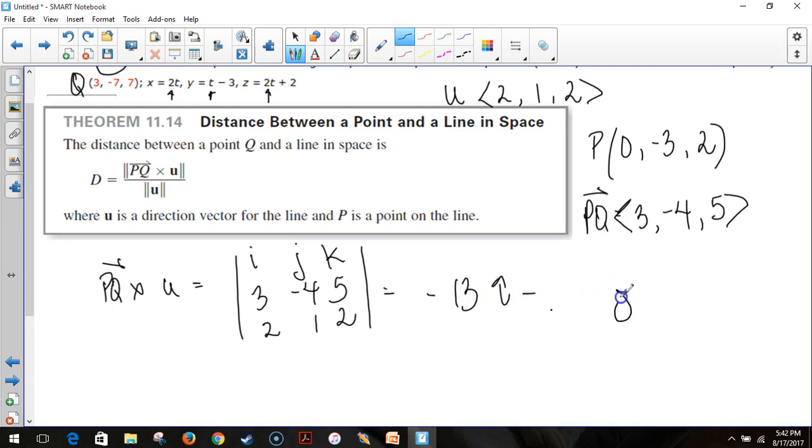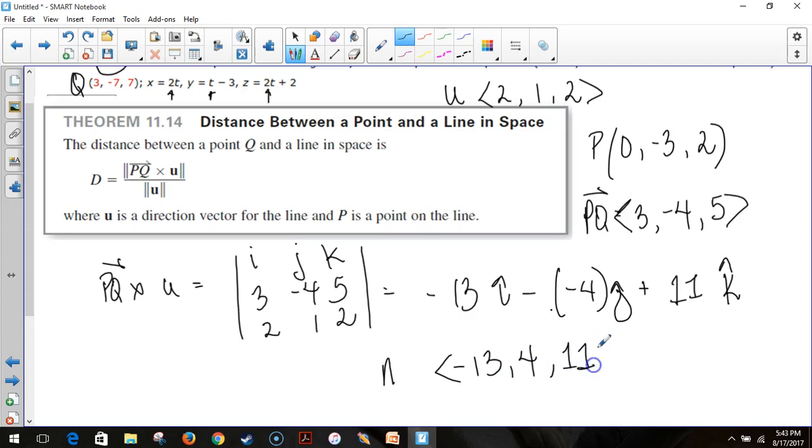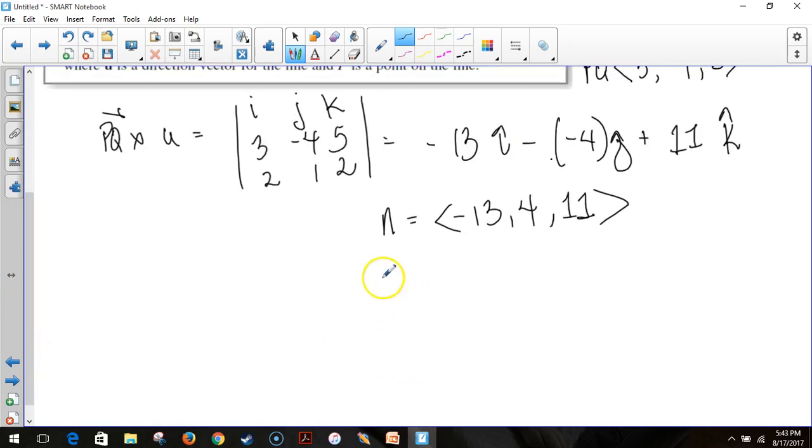I'm going to negate the coefficient of the J, which would be 6 minus a 10. 6 minus 10 is a -4. Keep the sign on the last determinant, which would be 3 minus a -8, so plus an 8, how about an 11? And so my normal vector is -13, -4, 11. That's n.